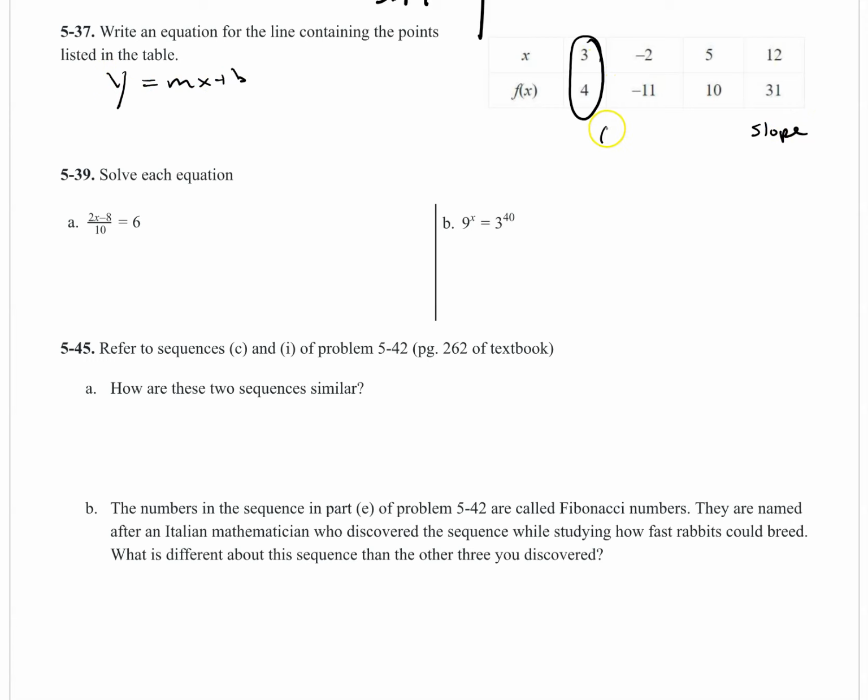So let's pick a point, 3, 4. Pick a second point, 5, 10, and let's label it. This is x1, y1, our first point, and this is x2, y2, our second point.